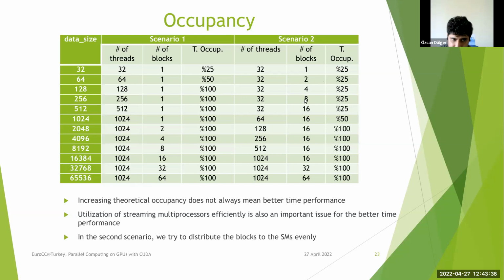For example, when the data size is 2^8, we have 8 blocks. These 8 blocks are distributed to the streaming multiprocessors efficiently, and we are trying to keep all the streaming processors busy with this approach.